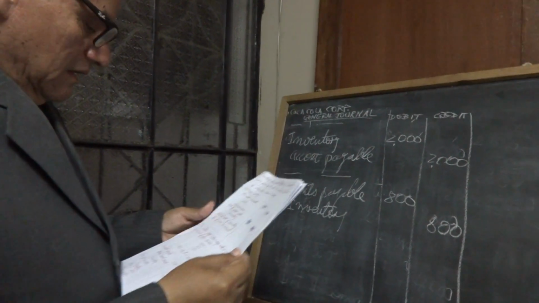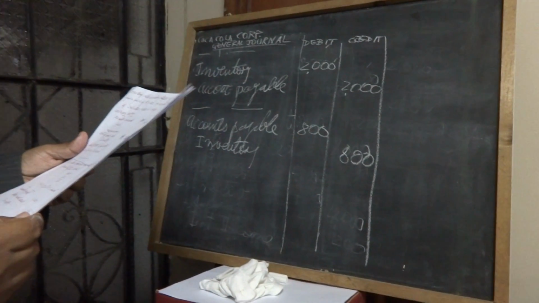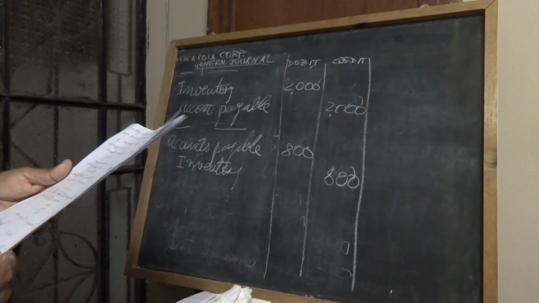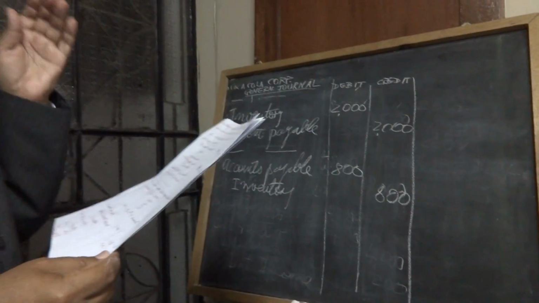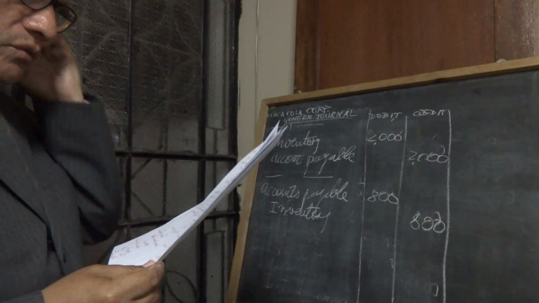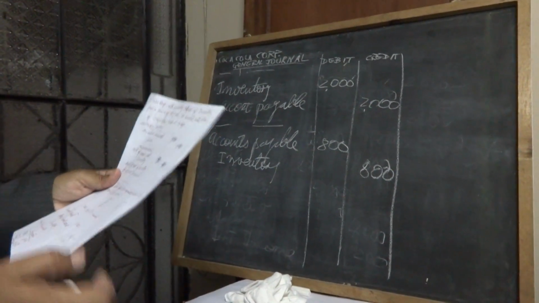Then later, the Moon Corporation gives to Coca-Cola Corporation a 2% discount when Coca-Cola pays the invoice.